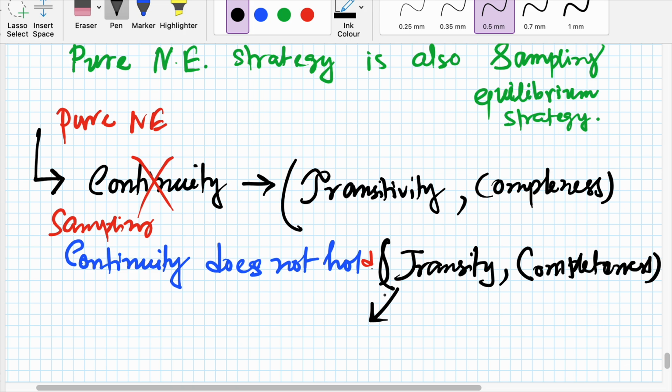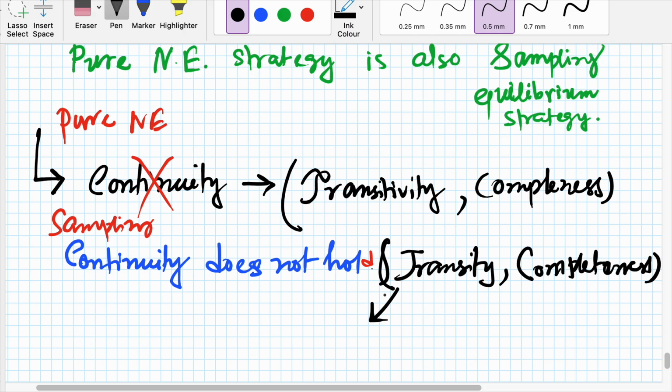And the concept of equilibrium is the same for Nash equilibrium and sampling equilibrium, because equilibrium means we want to find a strategy where no player has any incentive to deviate. So this definition is equally true for both equilibrium concepts.